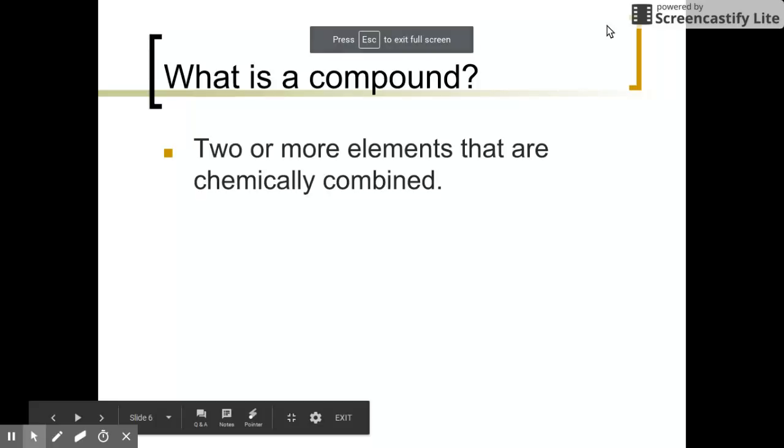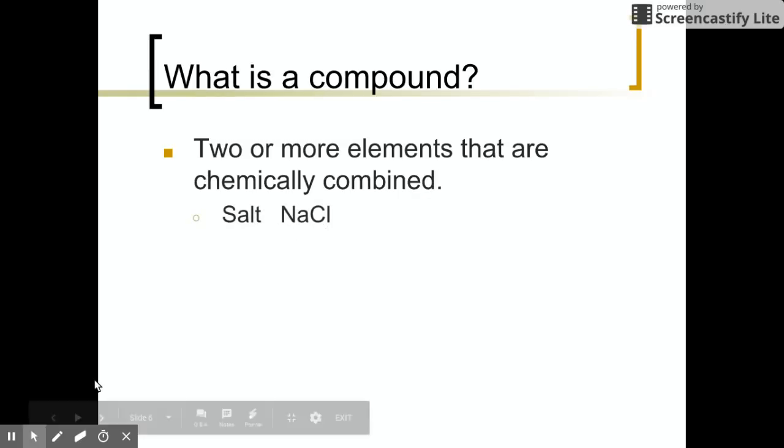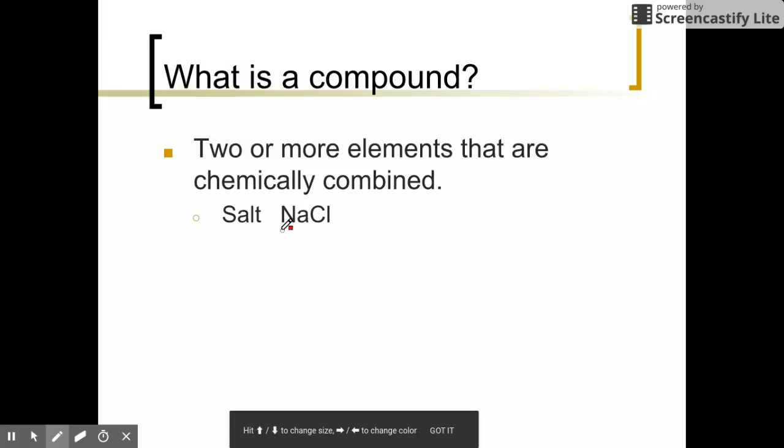So a compound, as you should know by now, is two or more elements that are chemically combined. For example, we have salt, NaCl. Now, remember when I told you how important it was to understand that the first letter of a symbol is capital, the second letter is lowercase.